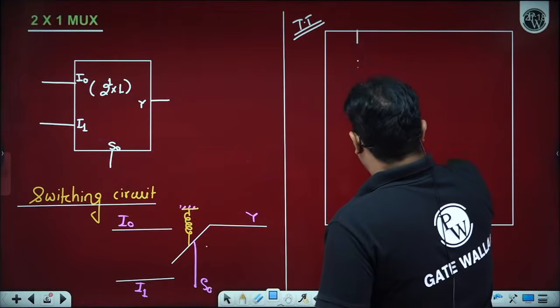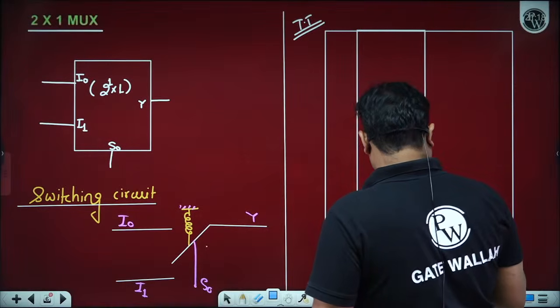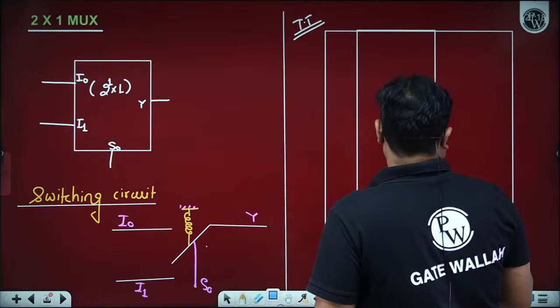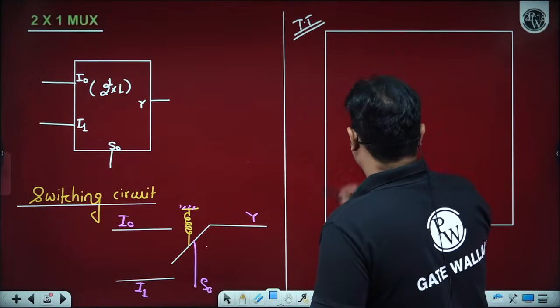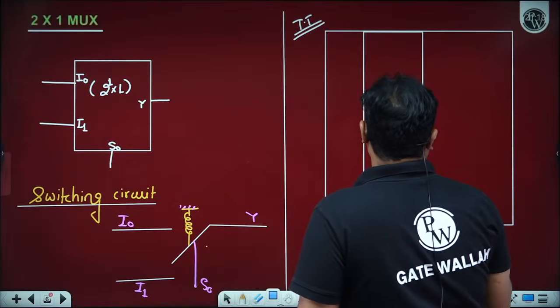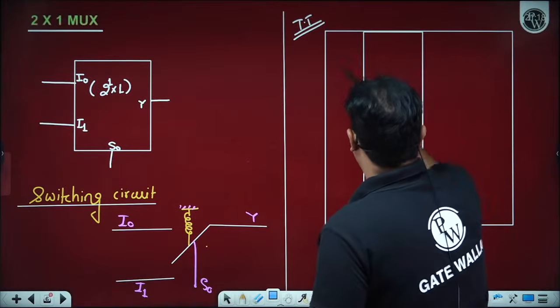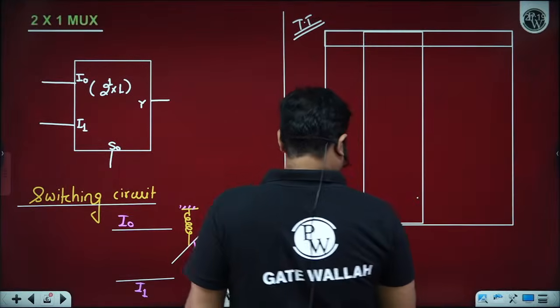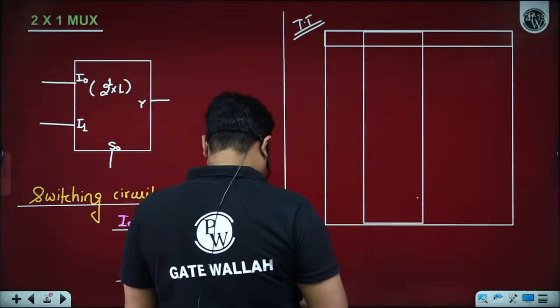So in the truth table, we have first the select, then we have the inputs I0, I1 and the output Y. How many of you are able to understand? Please observe. Let me know by writing in the comment section.